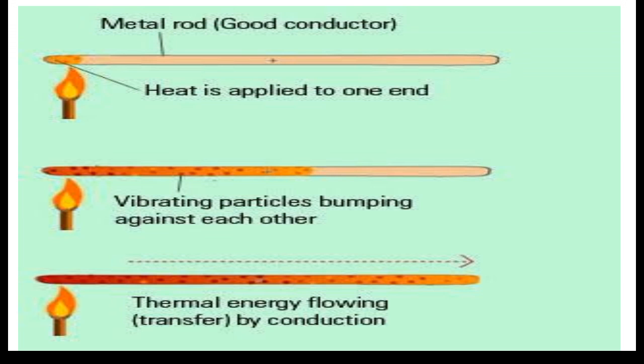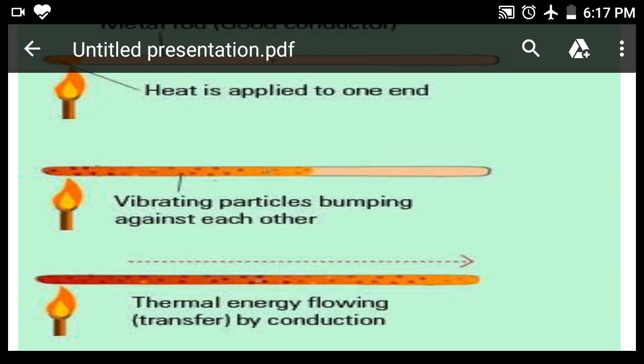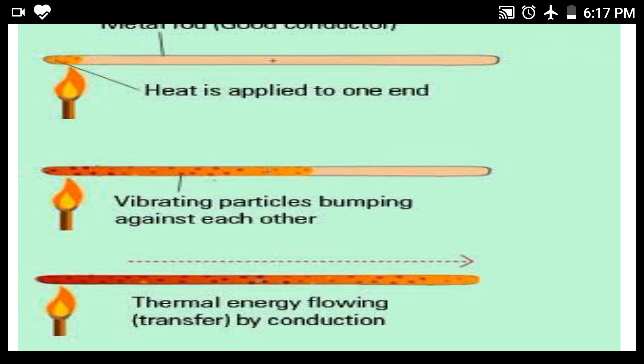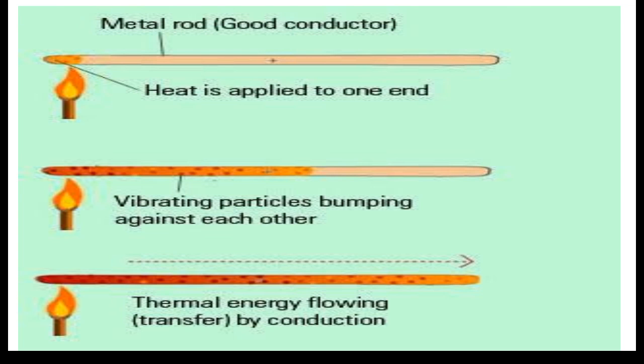If you think about convection, in convection the molecules of the medium move from one place to another, so heat transfers with the help of molecules. But here molecules are stationary, only the heat is transferring. So this is about conduction.